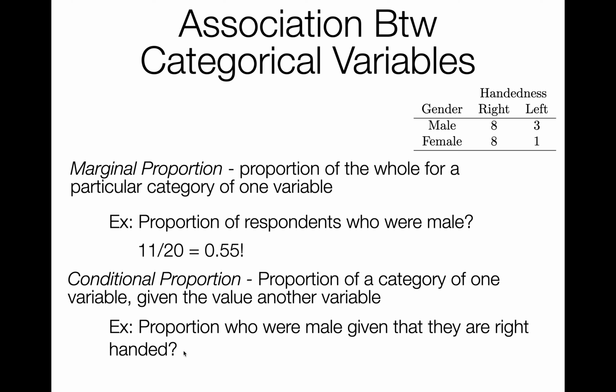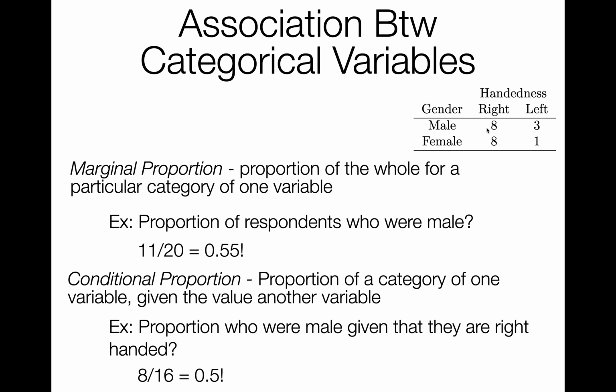So I have to look and ask, how many people in the data set are right-handed? You see there were 8 males and 8 females, so there are 16 total. And so what's the proportion of those right-handed people who were male?